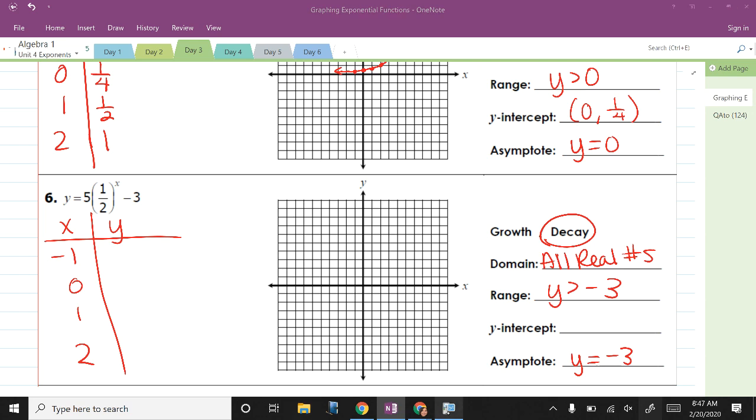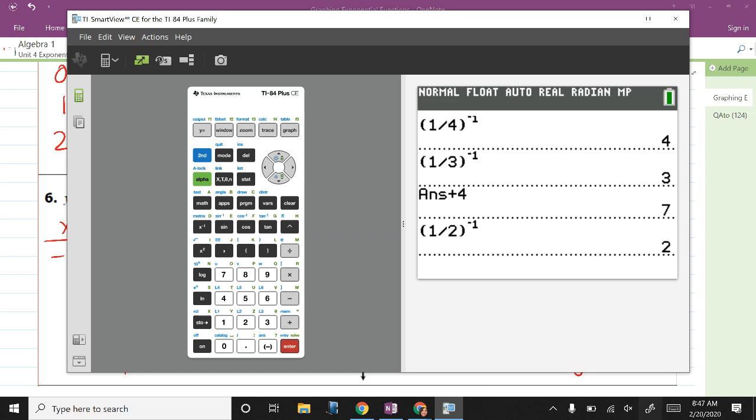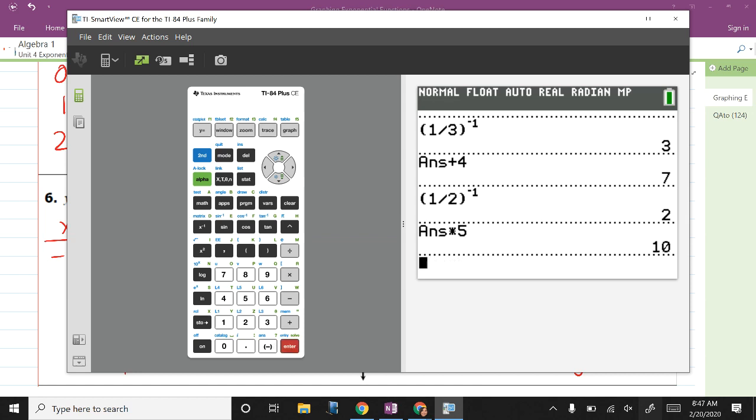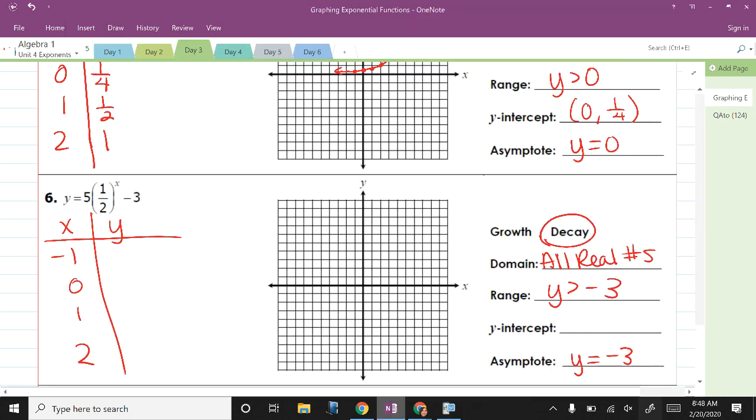All right, so my first one, I'm going to say parentheses 1/2, raise it to the -1, and that should be a 2, right? Then I multiply times 5 and get 10, and then I subtract 3 and get 7. So my first y value is 7. Now, I could have done that in my head, but I'm just showing you how to use your calculator.